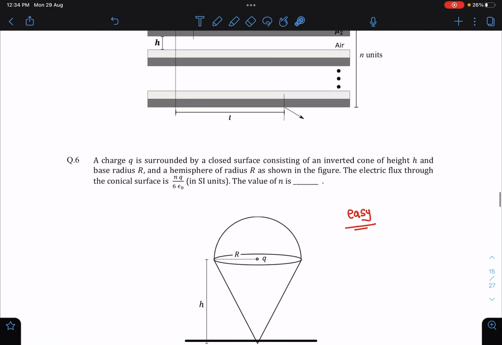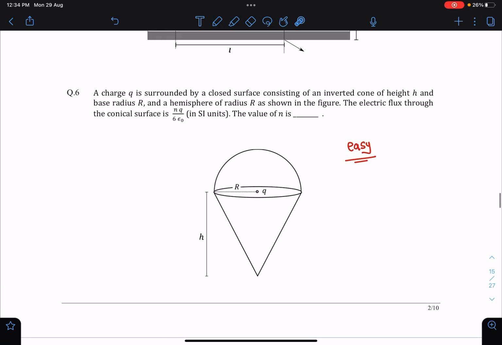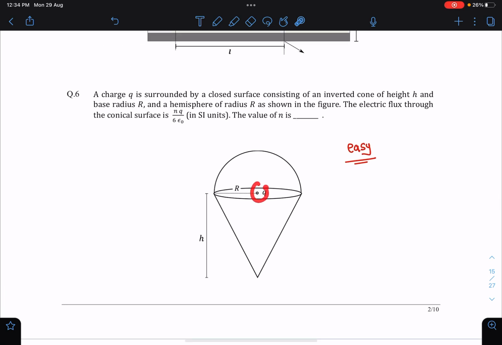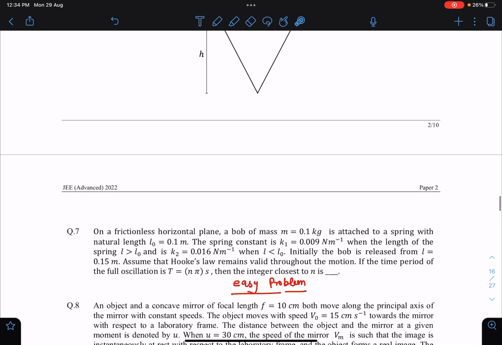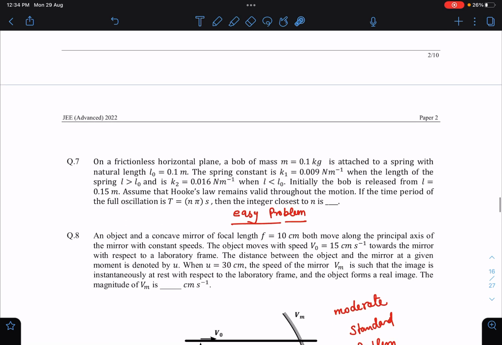Similarly, this is a very easy problem, and in the class we have done a much tougher version of this. So I think this was very, very easy for anyone. And this is also an easy problem, like a spring mass system. For one part K effective is different, and for the other part K effective is different. So the time period they're asking.